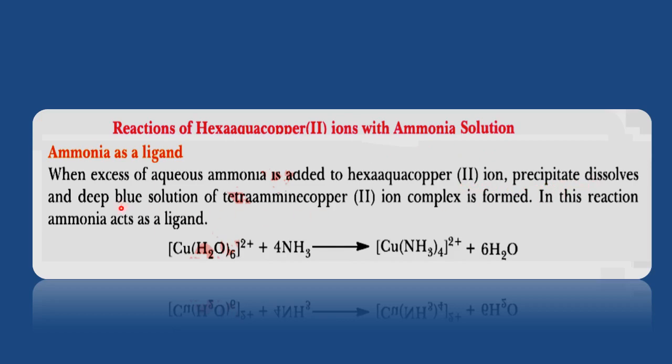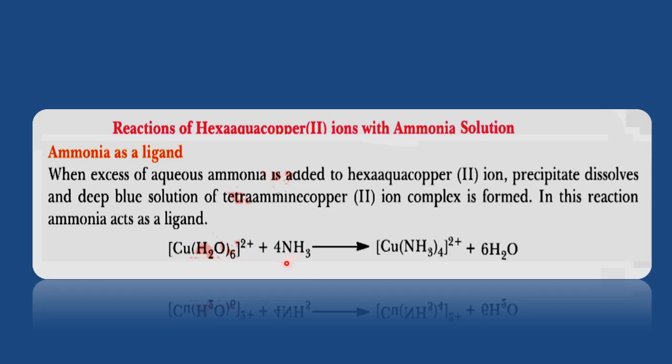When we further add ammonia, it is going to replace all the water molecules from the coordination sphere and give us tetraammine copper(II) ions along with 6 water molecules. Now these are the 6 water molecules which were present as ligands in the coordination sphere, and ammonia has replaced them. So now it is a part of the coordination sphere, removing all the water molecules.